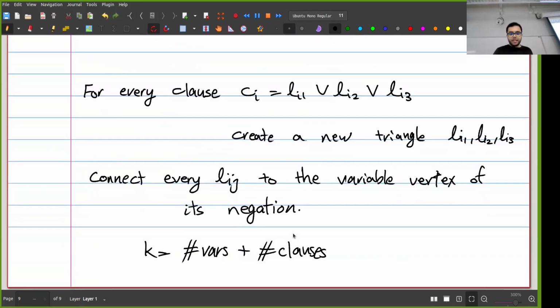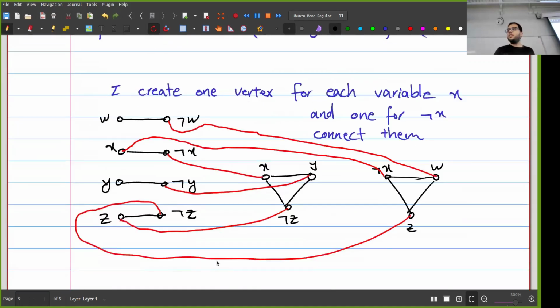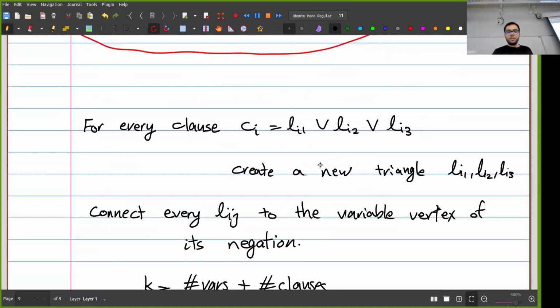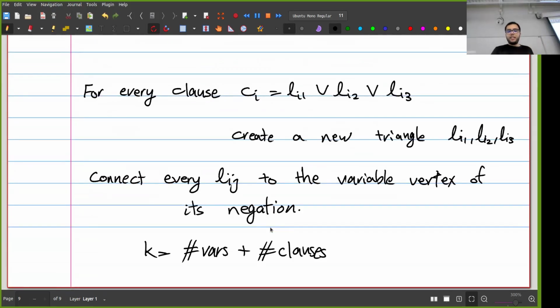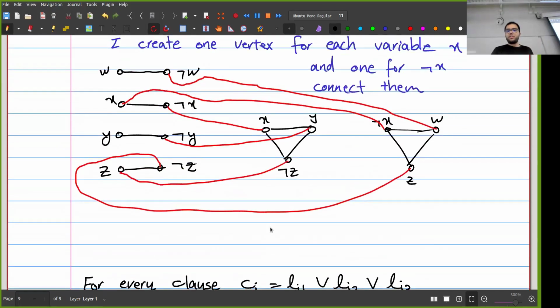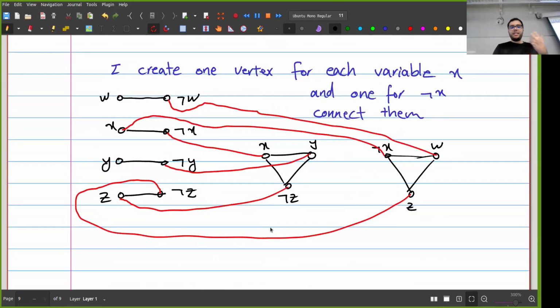This gives me an independent set of size k, which was the number of variables plus the number of clauses. And so if the original 3-SAT instance is satisfiable, then the independent set input is also going to be a valid yes instance of independent set.